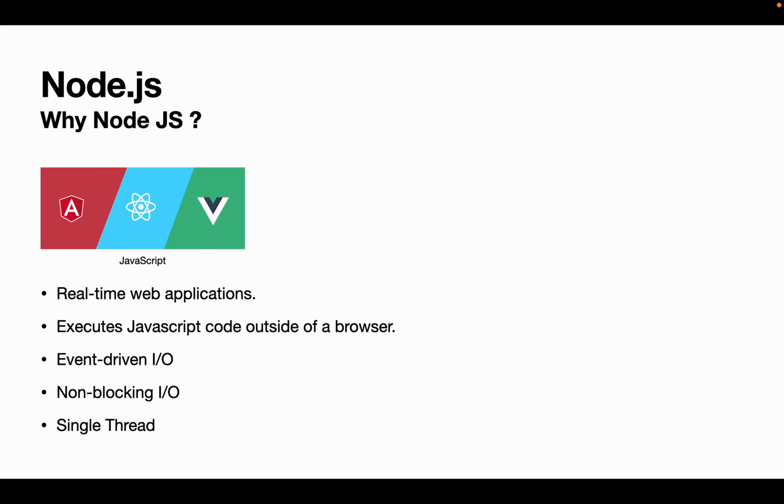And non-blocking input-output operations means that the server only uses one thread to service all requests. Requests do not need to wait for each other. They run asynchronously. Also, Node.js is running on one single thread.